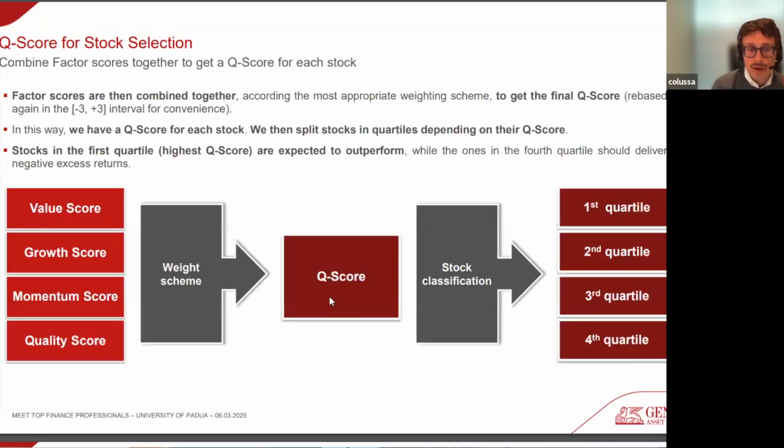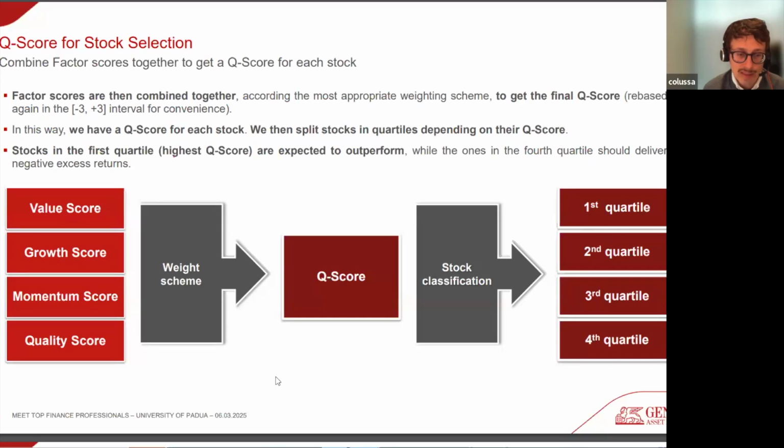Basically, starting from this, we have a weighting scheme which can even very easily be an equally weighted one. We get a classification for stocks, a ranking of stocks based on the first quartile, second quartile, third quartile, and fourth quartile. What we do in the portfolio is to maximize exposure to the first quartile and minimize the exposure to the fourth quartile.